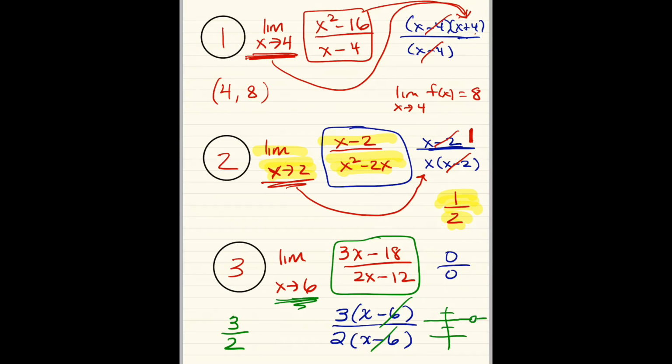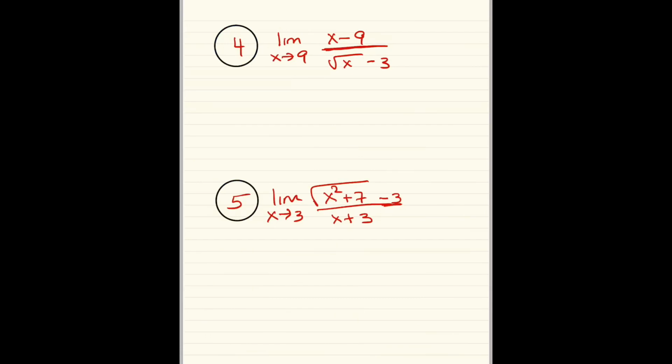So there's no place to plug this 6 in. There's no more x's. So your final answer is just 3/2. Okay, so all three of these functions are going to be reduced to this guy here, or this guy 1 over x, or the 3/2, but there's just going to be a hole in there. Okay, let's try the next one.